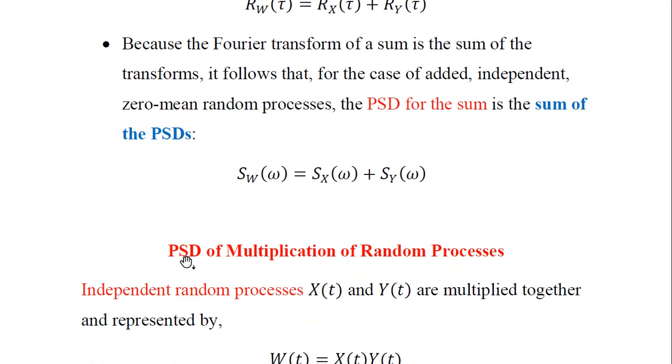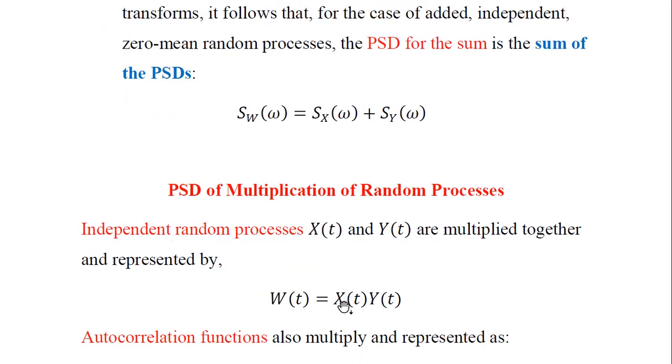Likewise, we can also see what happens to the power spectral density of multiplication of random processes. So, how to obtain the power spectral density of the random processes when they are multiplied together? The two random processes, x of t and y of t, are independent and then they are multiplied together.